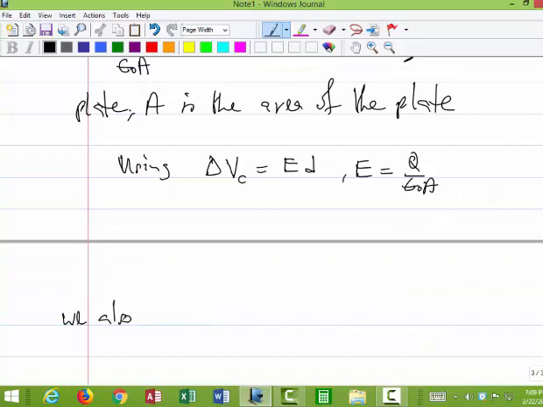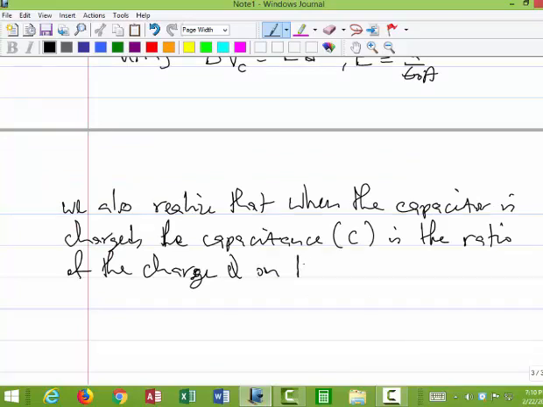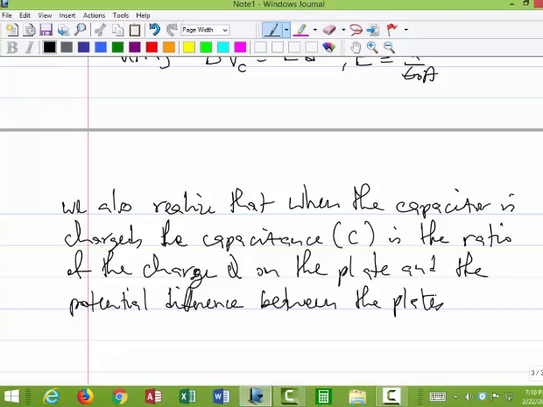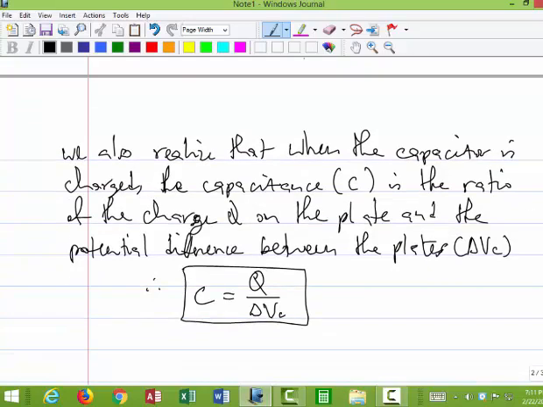We shall also realize that when the capacitor is charged, the capacitance, let's say a letter C, is the ratio of the charge Q on the plate and the potential difference of the capacitor, delta V C, the potential difference between the plates. Therefore, C is equal to the charge over the potential difference between the plates.